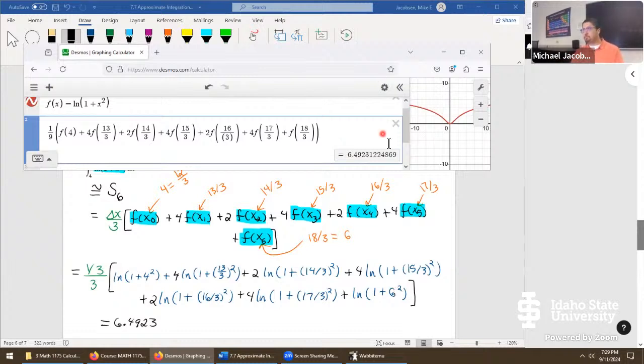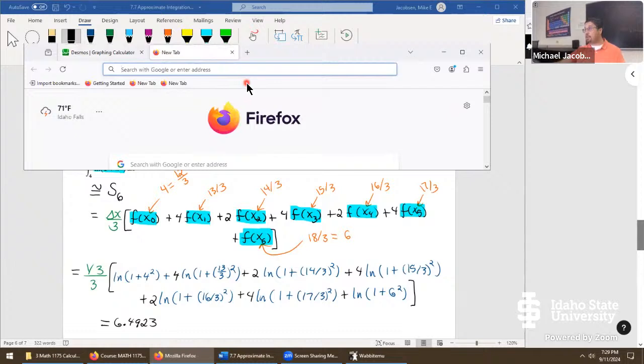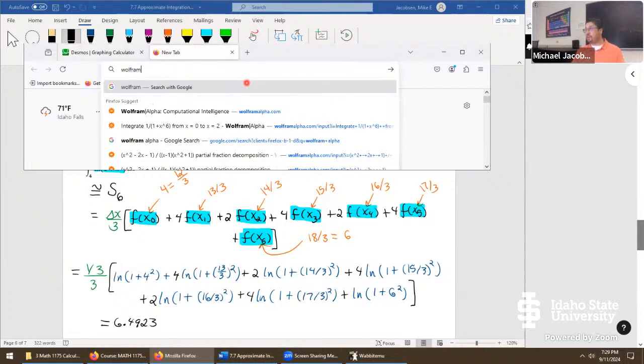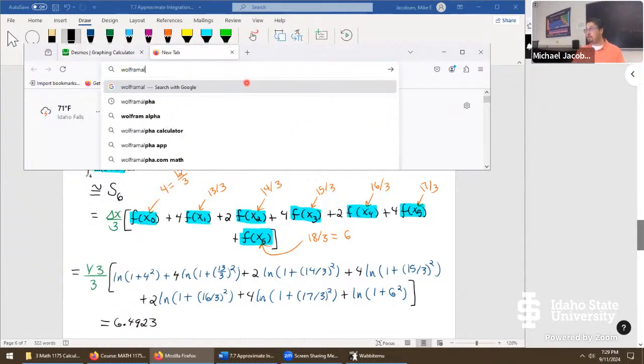So pausing on this problem a little bit longer, if you were doing this as a homework problem, sure, it's one thing to get this into the calculator and get a number out, but it's a whole other thing to know if the pattern was right in Simpson's rule. So if you want to further check, you can now go to something like Wolfram Alpha.